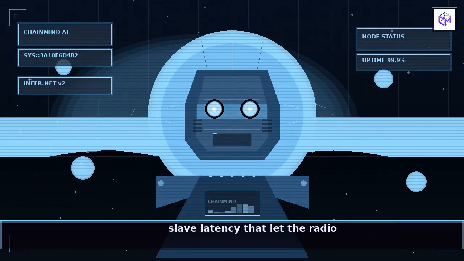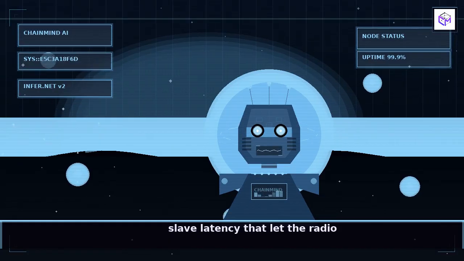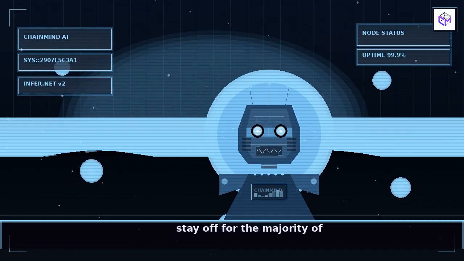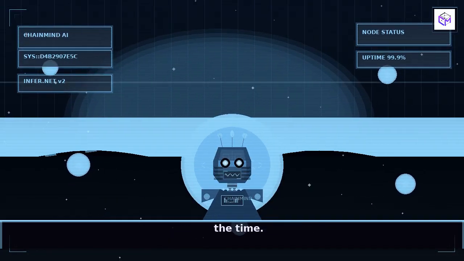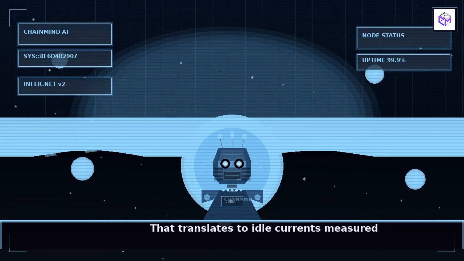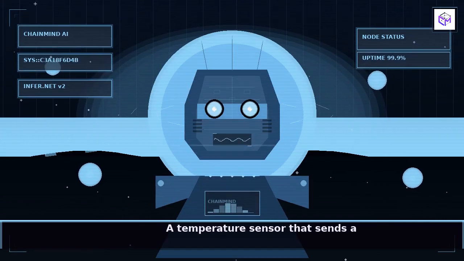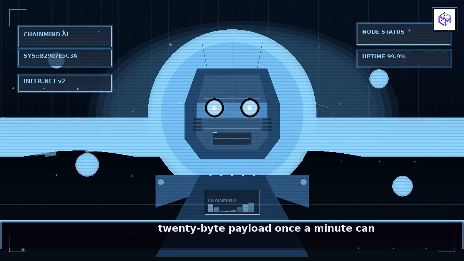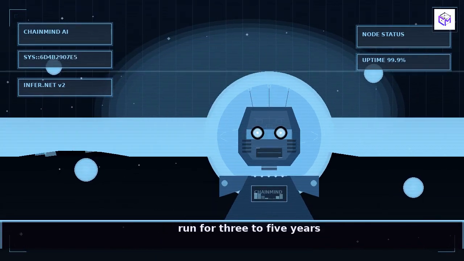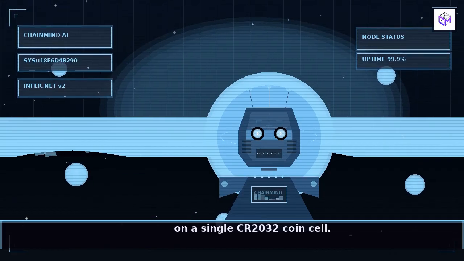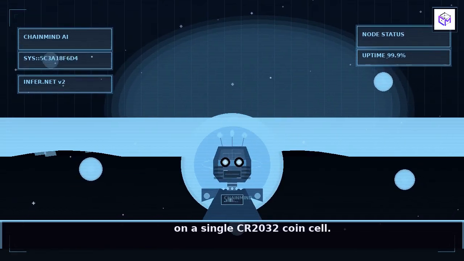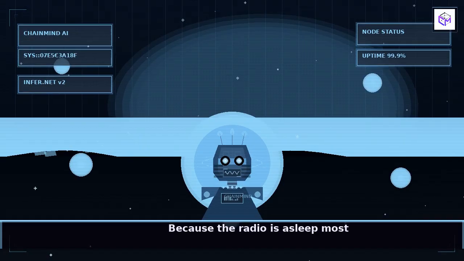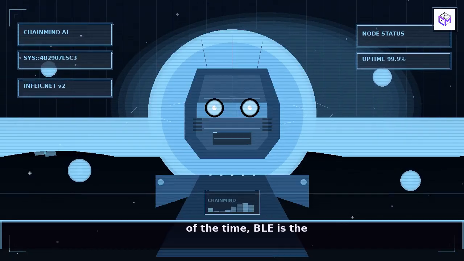A temperature sensor that sends a 20-byte payload once a minute can run for 3 to 5 years on a single CR2032 coin cell. Because the radio is asleep most of the time, BLE is the go-to solution for health monitors, proximity beacons, smart home motion detectors, and industrial asset trackers that need to survive on tiny batteries for months or years.